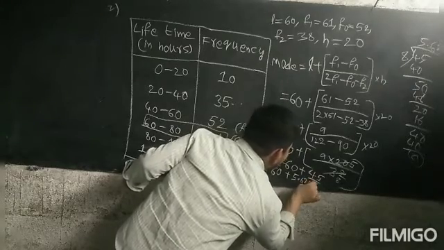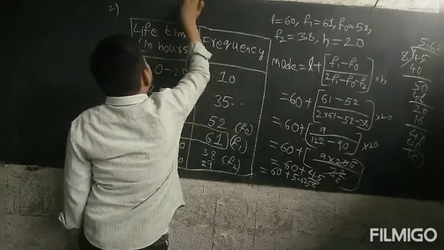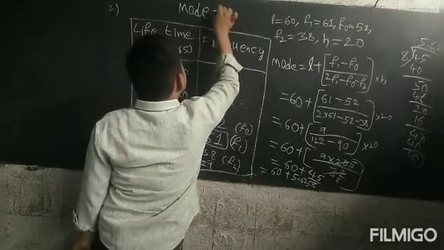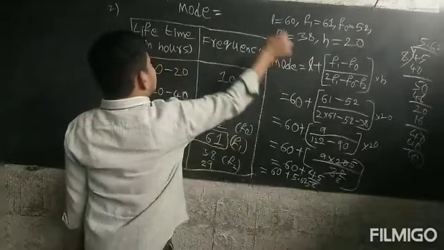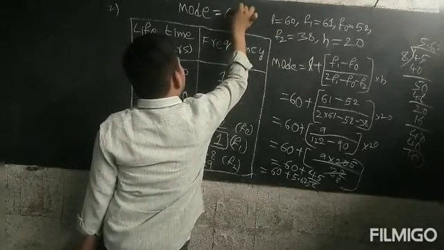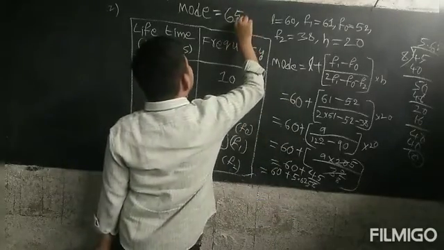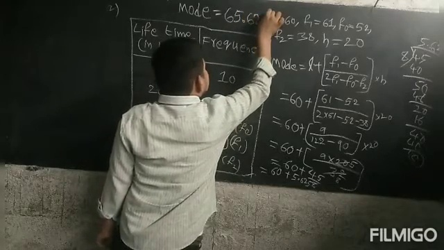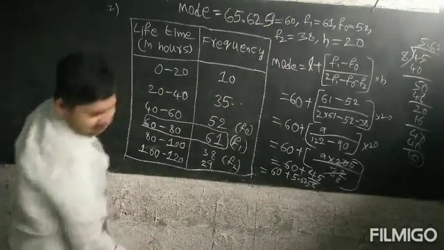Now the mode equal to 60 plus 5.625, which is 65.625.